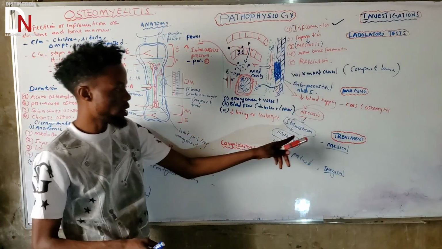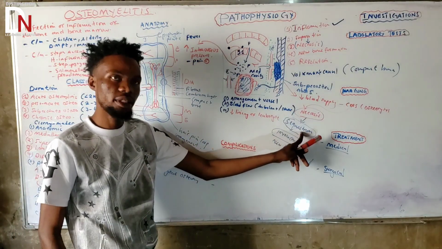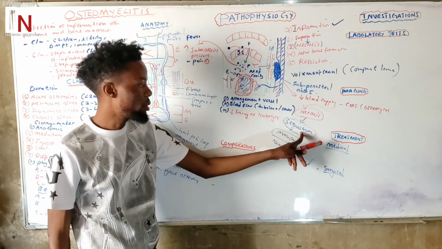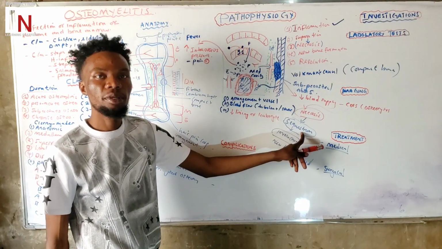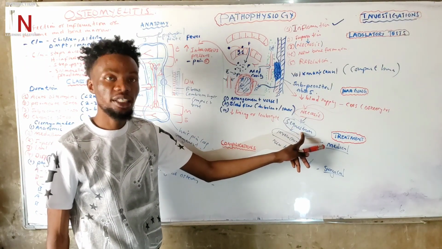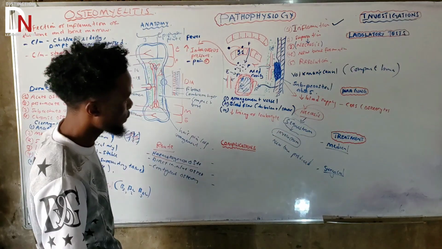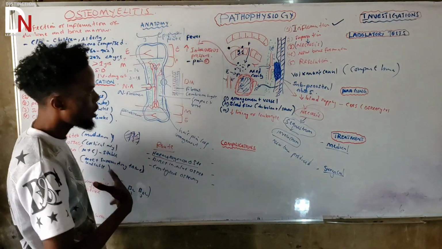Why covering the sequestrum? So that at least somehow to prevent the infection from spreading, and also to prevent the bone from becoming weak and prone to fractures. Okay, so that's the reason why it's going to happen like that.